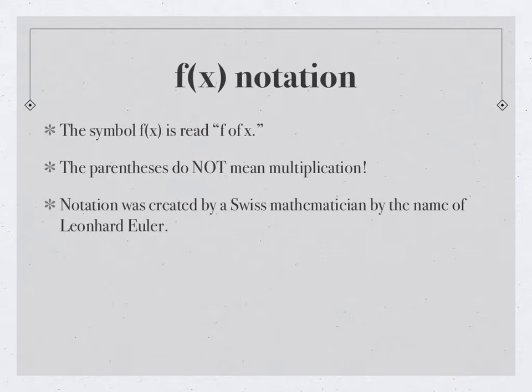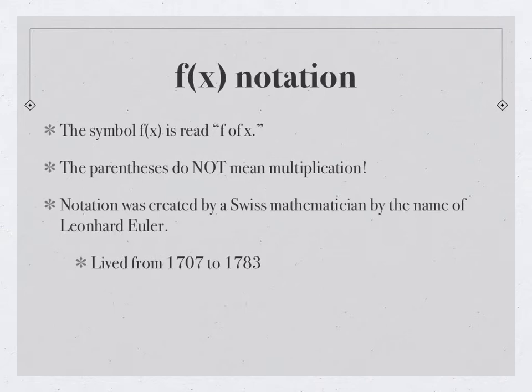This notation was created by a Swiss mathematician by the name of Leonhard Euler. That is pronounced Euler. And this guy Euler was sort of the founding father of our modern algebra type classes. So you can thank this guy for sitting through this class this year. He came up with a lot of the basis for our current system of doing algebra.